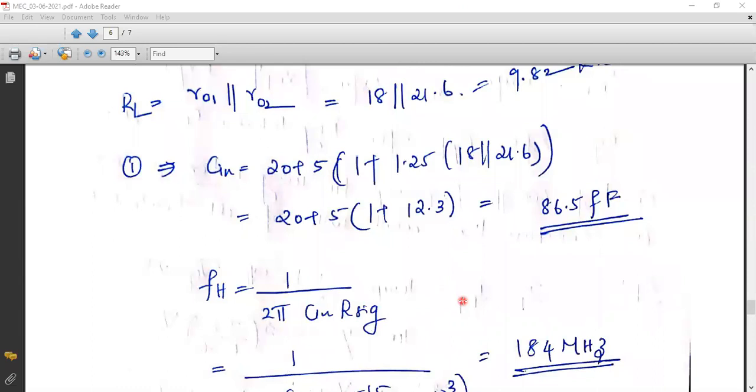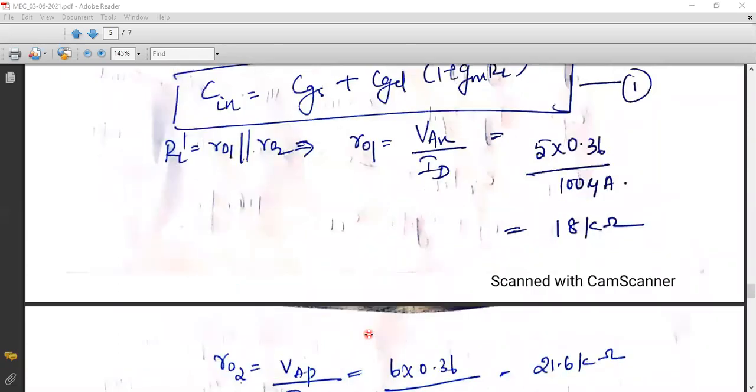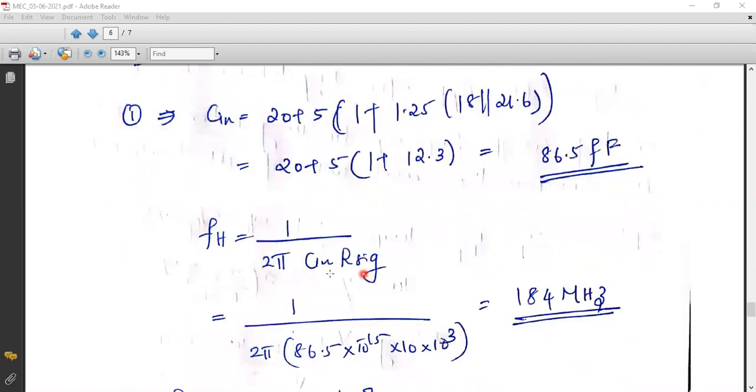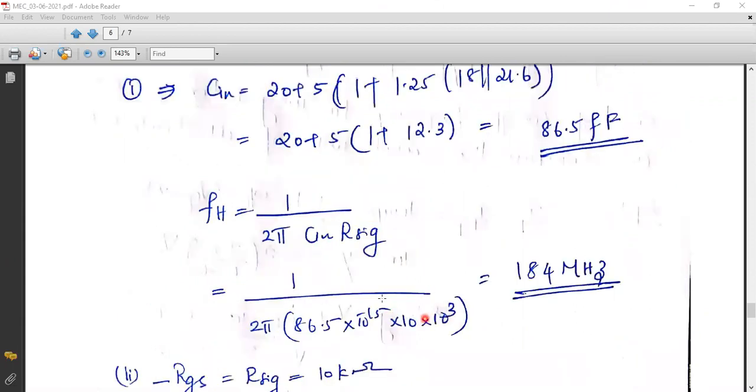Now, as per our derivation, the cutoff frequency is given by 1 by 2 pi Cin into Rsig. Cin is the Miller equivalent. So this is a Miller equivalent. And Rsig is directly given in the question. It is 10 kilo ohm. So 10 kilo ohm and femto will make 10 to the power minus 12, right? 10 to the power 4 into 10 to the power minus 15, that is 10 to the power minus 12. So you will get the answer in hertz.